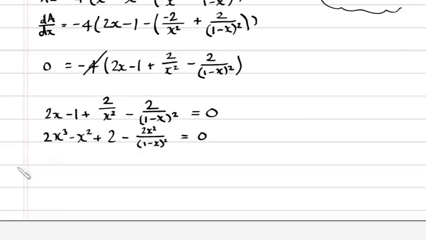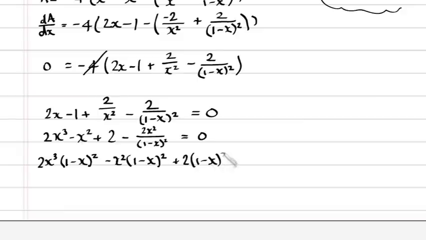Clearing the second fraction, we need to multiply everything by 1 minus x all squared now. So this gives us 2x cubed outside of 1 minus x all squared minus x squared outside of 1 minus x all squared plus 2 outside of 1 minus x all squared, and our last term just -2x squared equals 0. Again, very carefully expanding the brackets and being careful with our signs, extra careful with our signs.